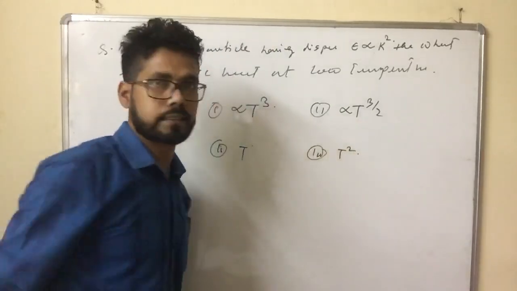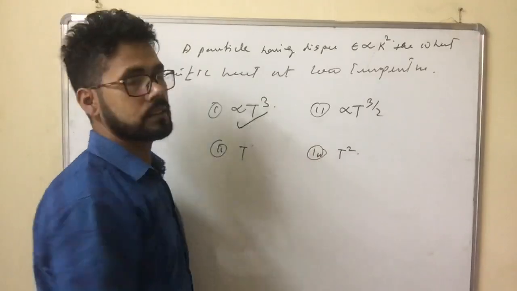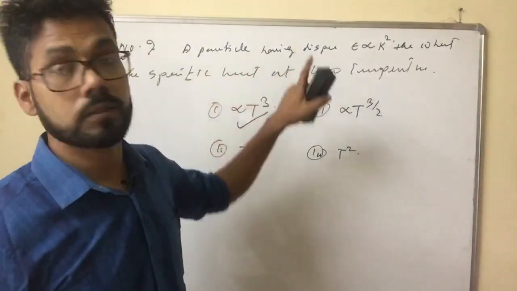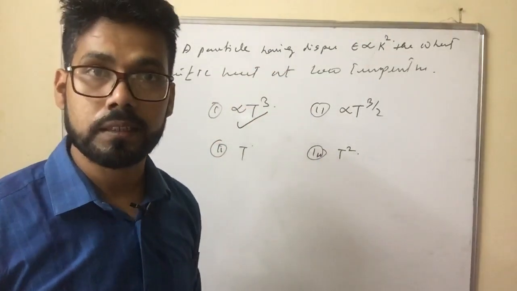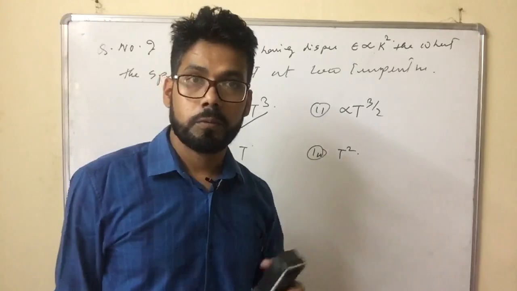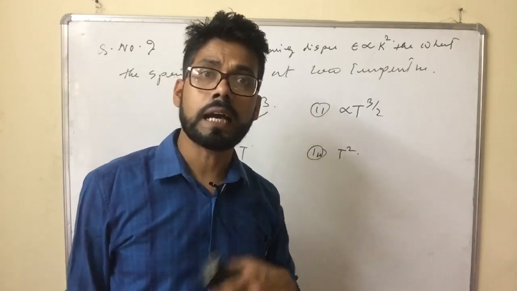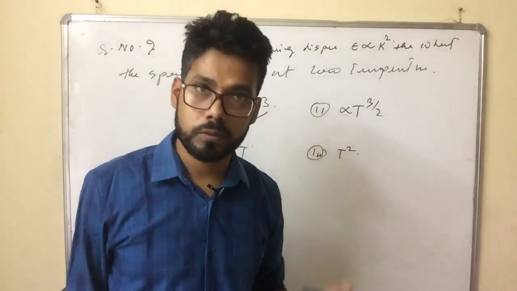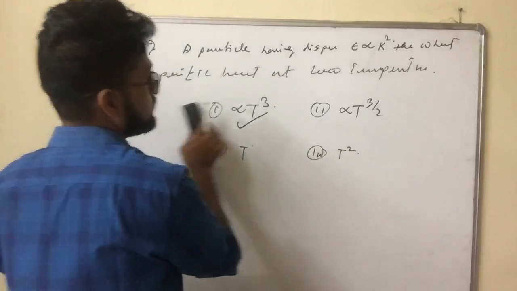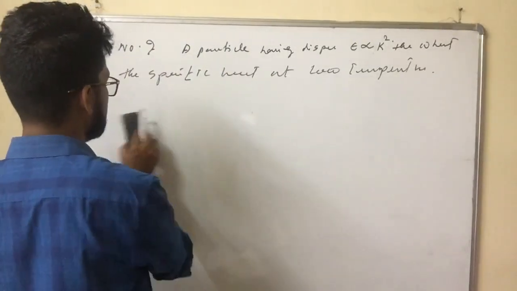Which is correct? Often students give this one as the answer. This is the wrong answer, the specific heat of a solid at low temperature. Because this question does not mention whether it is a phonon particle. This specific heat T cubed formula is valid for phonons only. A phonon is a boson, but there may be another type of particle which is also a boson and not a phonon. That is why we write the general formula. Always remember the general formula.